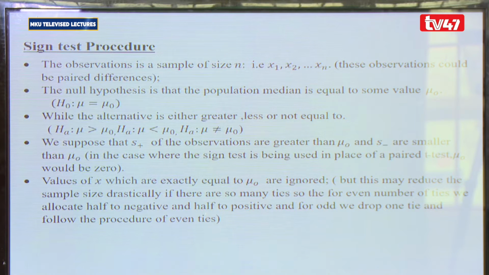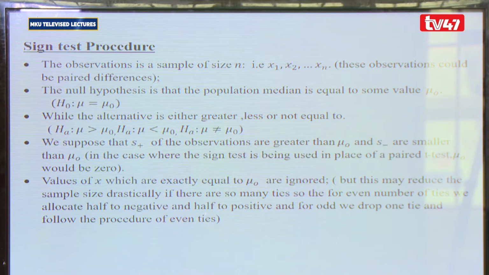As I have already said, take for example the tutorial case, where the same students have been given an exam, then a tutorial, and then an exam of equal measure, and finally we subtract the score of the first exam from the score of the exam after the tutorial. So the null hypothesis is that the population median is equal to some value, mu naught.